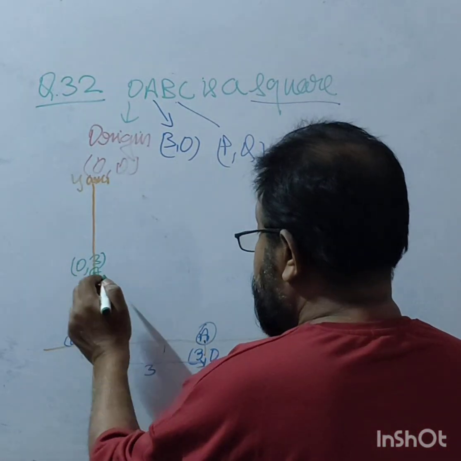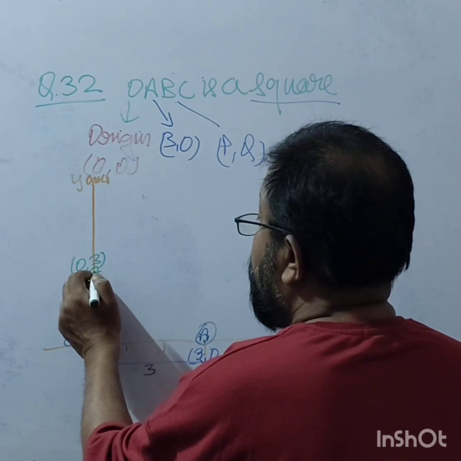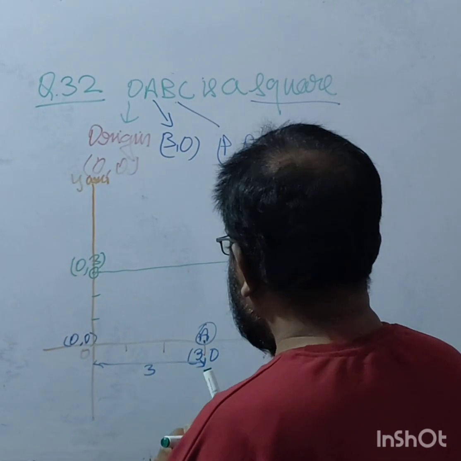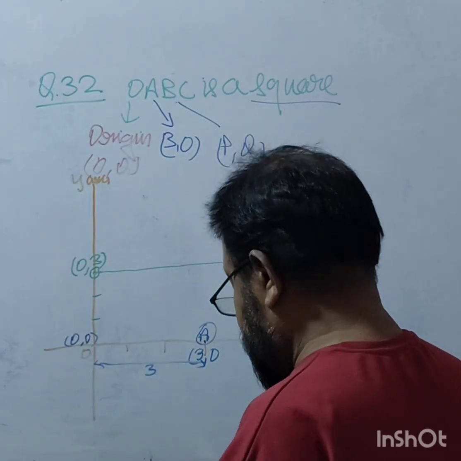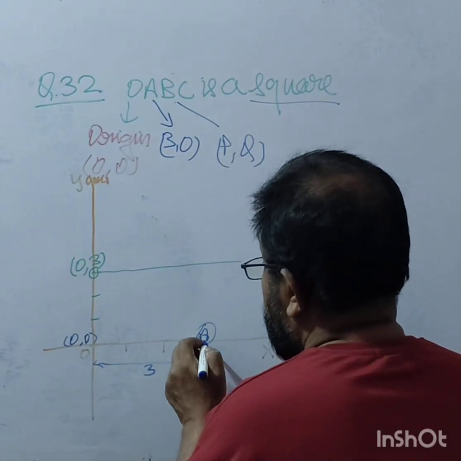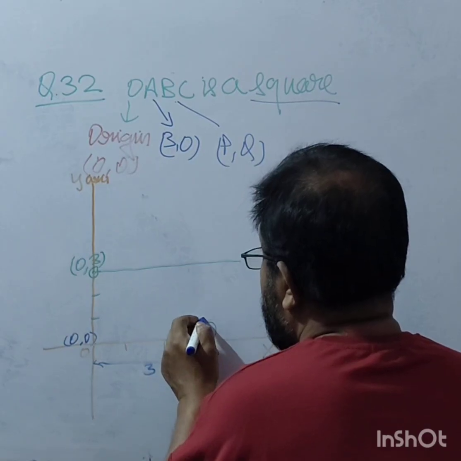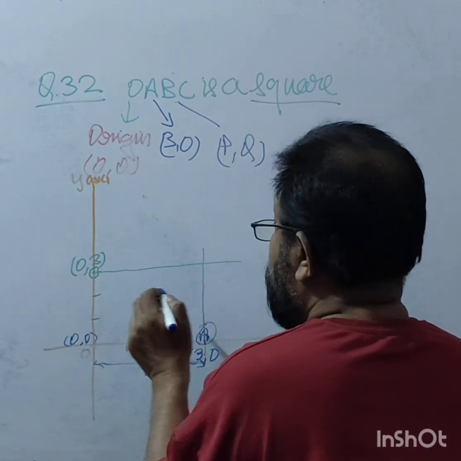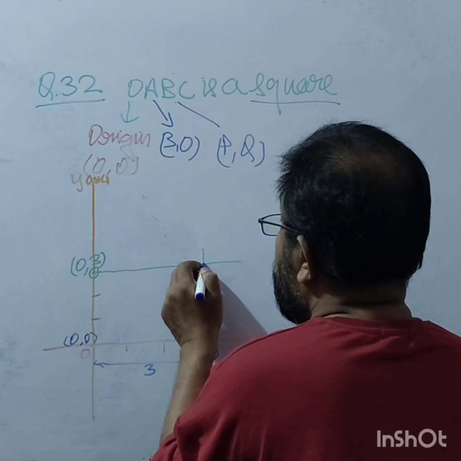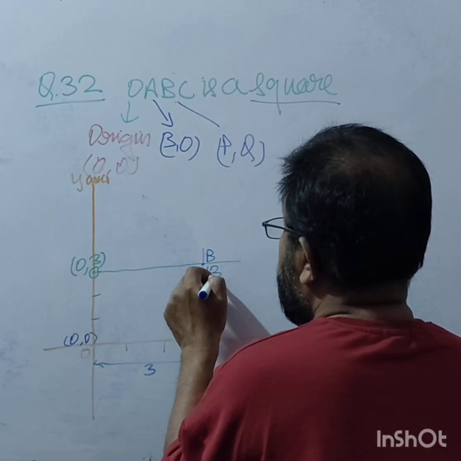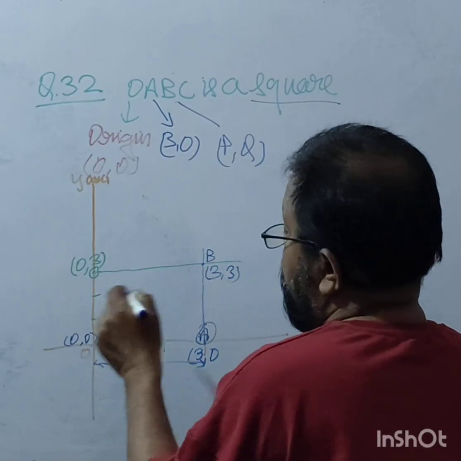And when C is 0 comma 3, when you draw the line like this and extend it, this is B, so this will be 3 comma 3.